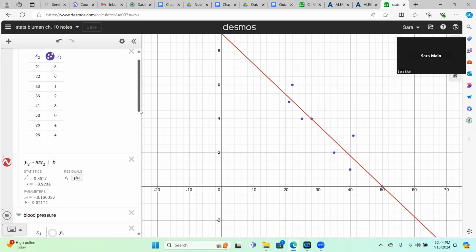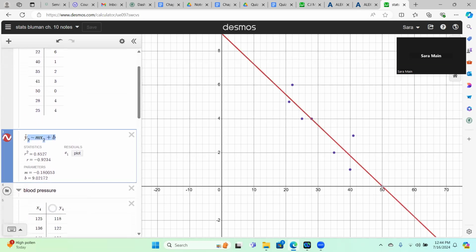And then you're going to go down here and type what I've highlighted here. Now, depending on what your columns are, you might have Y1. This tilde symbol right here is found to the left of your 1 key on your keyboard. And then you're going to type M, just the letter M, and then X2 plus B. And then you can see down below, it's going to give you M. It's going to tell you the slope that's appropriate for this data, and it's going to tell you the B. Just make sure your numbers match mine.